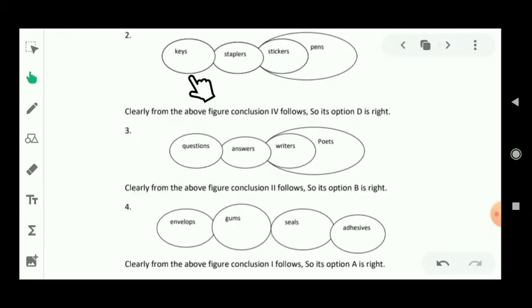You can see some keys are staplers, some staplers are stickers, and all stickers are pens. So from the given statements, we have to make firstly this figure, and clearly we can observe from the above figure that only conclusion fourth follows. That means which option will be right? Option number D. Let's see question number 3.